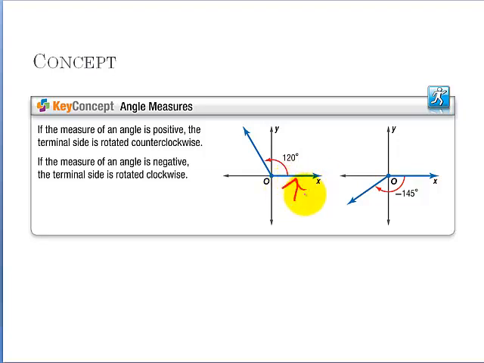The angle in standard position means that it starts on the positive x-axis, and this would be our initial side. So this is where it starts, positive x-axis.